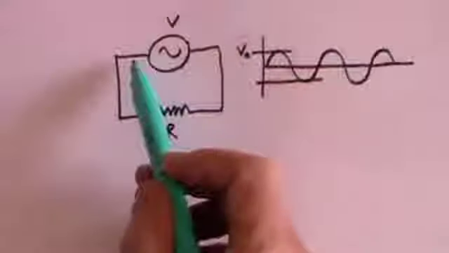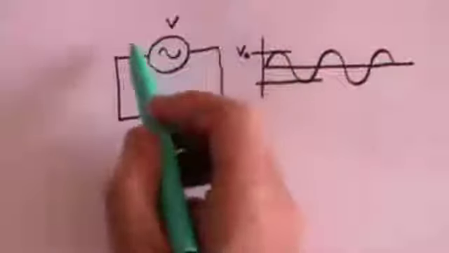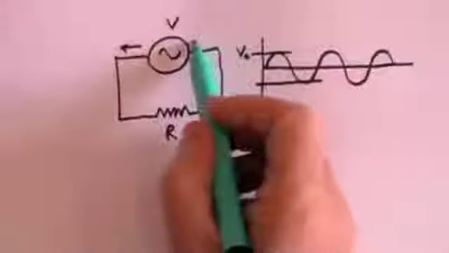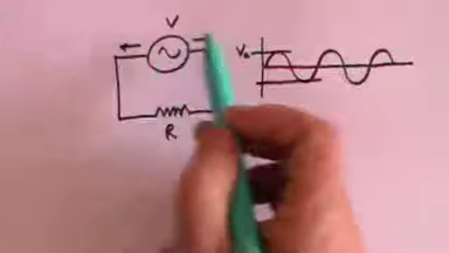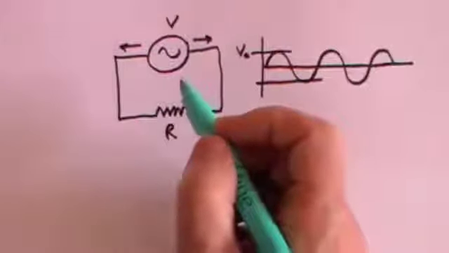And that means that the current in this circuit is constantly changing direction. It starts off going in that direction, then it goes in that direction, then in that direction, then in that direction, and it changes 50 times a second.